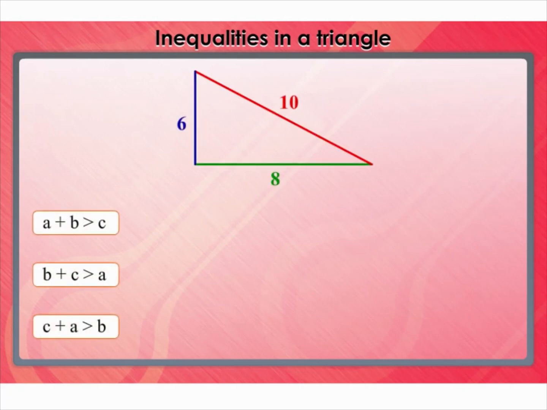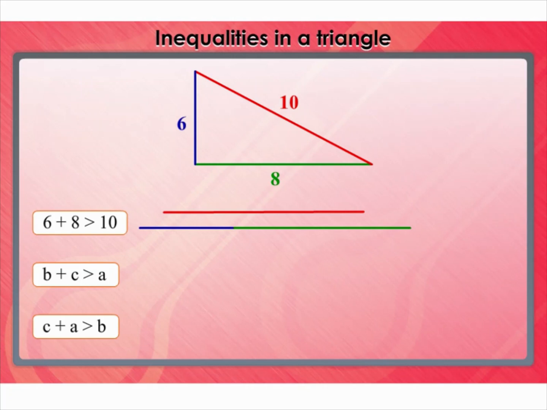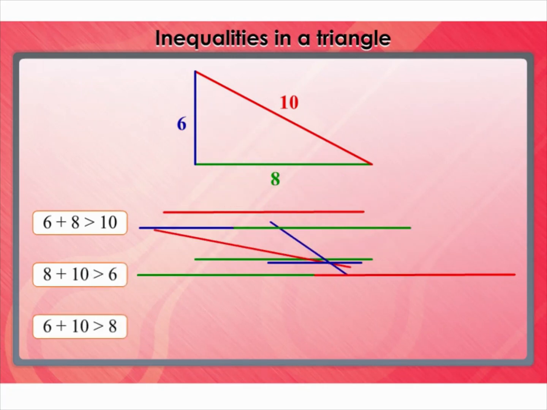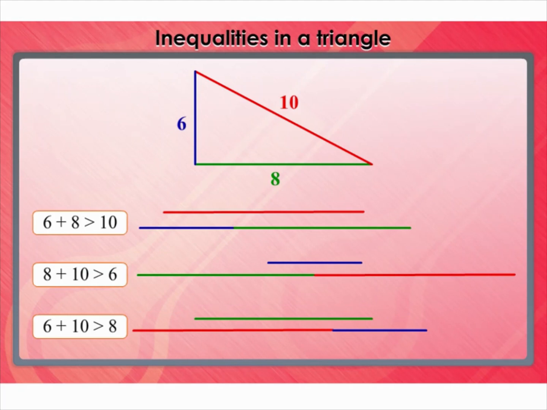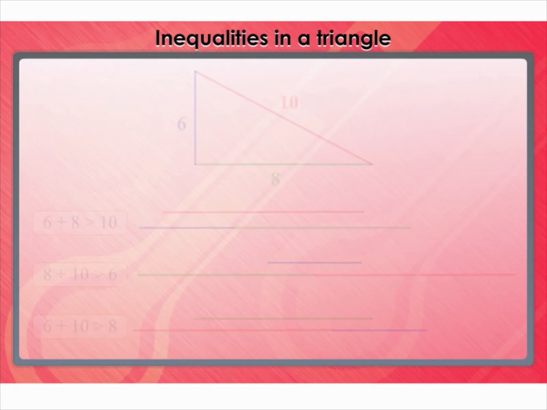Let's verify this through an activity. We will use the same example we've used for the other theorems. Let's substitute the sides A, B, and C with 6, 8, and 10 respectively. If we consider two sticks at a time and add their lengths, we observe the following. Now let's try to construct a triangle with sticks of length 6, 8, and 14 units.